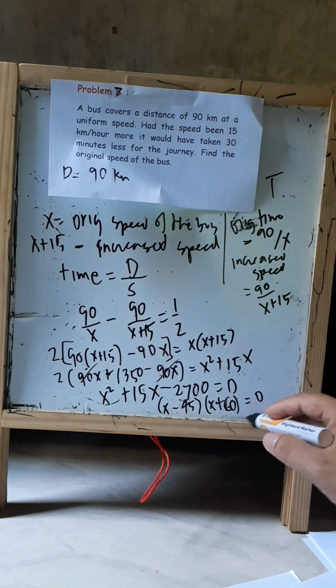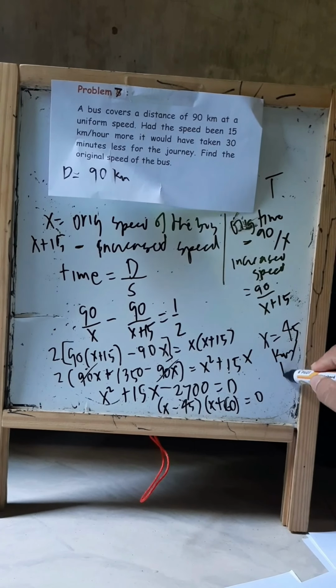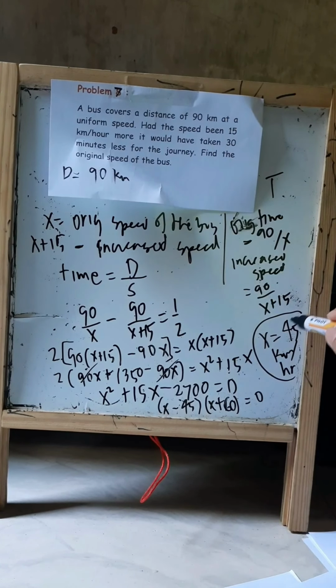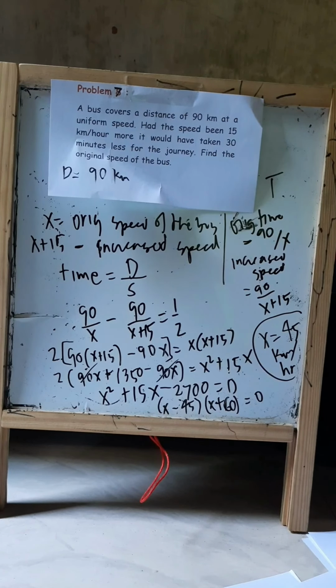Solving for x, we only get the positive one, which is 45 kilometers per hour. This is the original speed of the bus. We ignore negative 60 because there is no negative speed. That's for problem number 7.